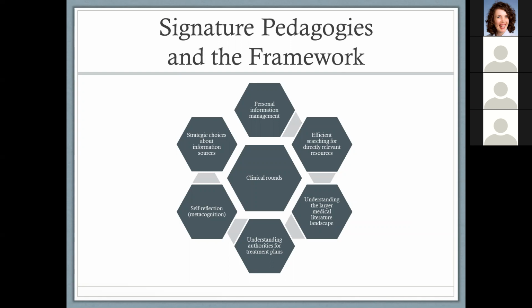They need to be able to reflect on what they're finding, that is, being metacognitive about what they're finding in the literature, and making strategic choices very carefully, doing this under the guidance of somebody who's more expert while they're doing the clinical rounds. So this would be an example of the framework's flexibility and adaptability in a specific professional setting that is part of professional education.